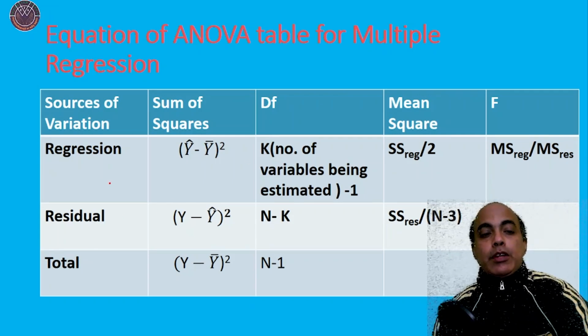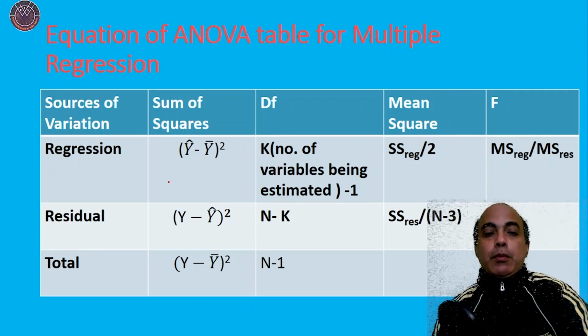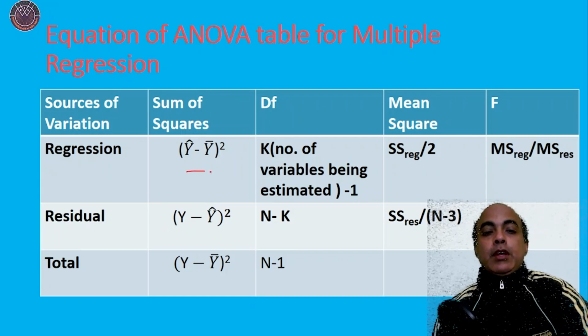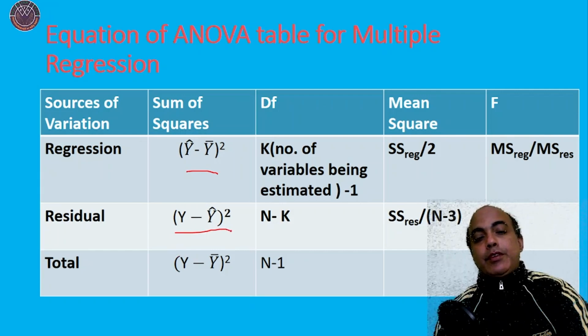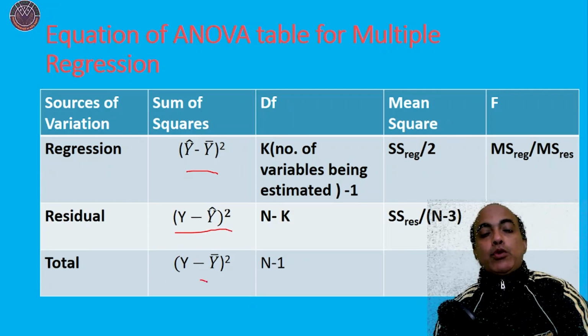So we have the regression sum of square here, the residual sum of square, which is the ANOVA table requirement, and then the total sum of square.